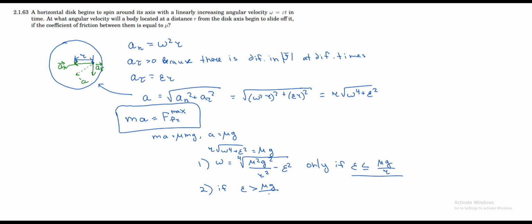Well, in this case, the tangential acceleration will be so large that the static friction force will just instantly transition into the sliding friction, and therefore this case corresponds to the answer of omega being equal to 0.